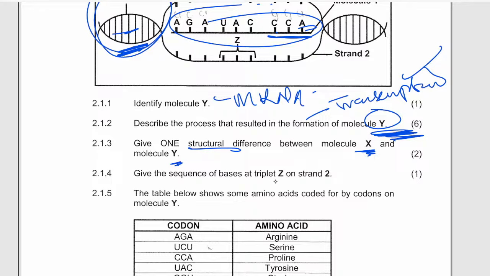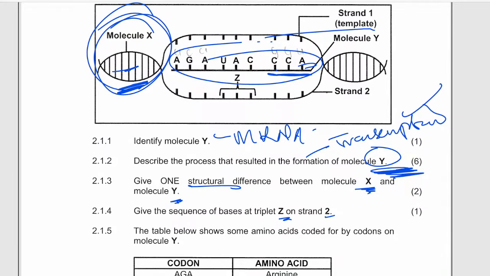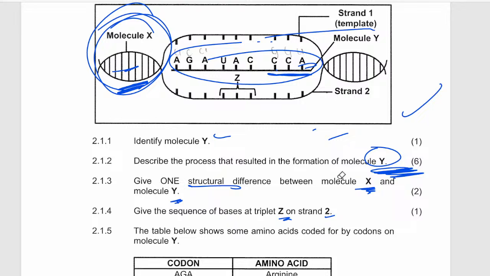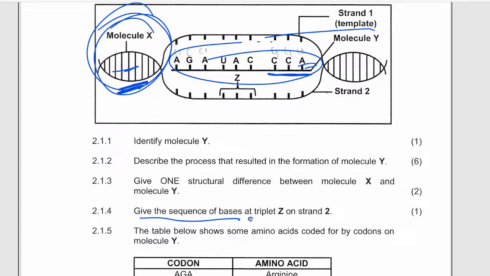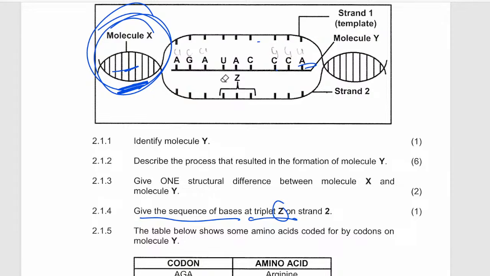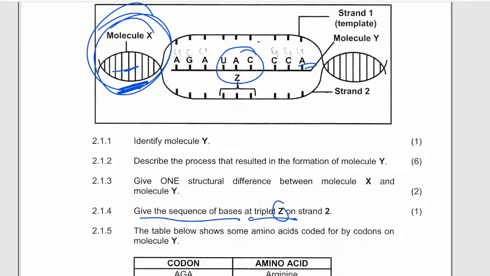Give the sequence of bases on triplet Z on strand 2. Let me clean up so that you see. They're saying give the sequence of bases at triplet Z. So triplet Z is here on strand 2. Strand 1 is here.